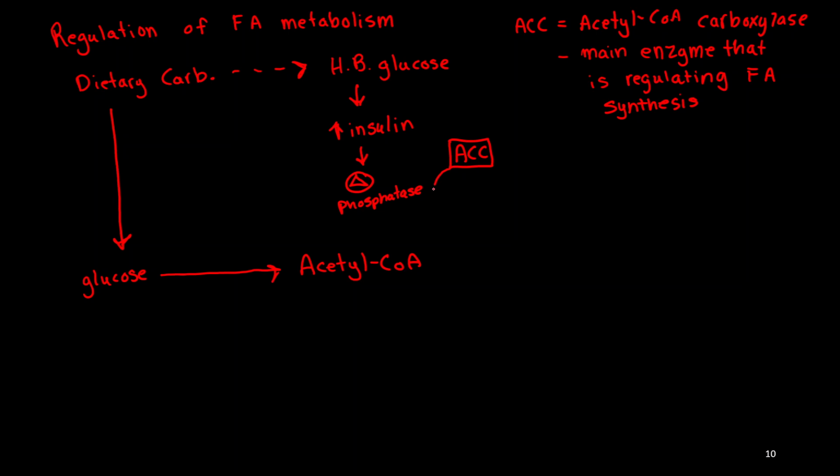So the phosphatase takes the inactive form and turns it into the active form of acetyl-CoA carboxylase, and the acetyl-CoA is then converted into malonyl-CoA, which is the initial substrate for fatty acid synthesis.